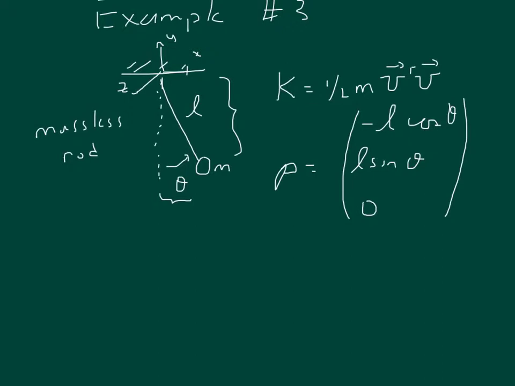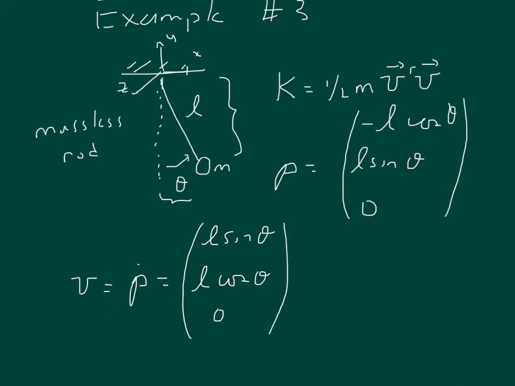The velocity vector then is the derivative of the position vector, p dot, and the only thing that's moving here is going to be theta. So L is assumed to be a rigid length, and so when we take the derivative of p, we get L sine theta. When we take the derivative of, let's say sine, we're going to get L cosine theta, and 0.